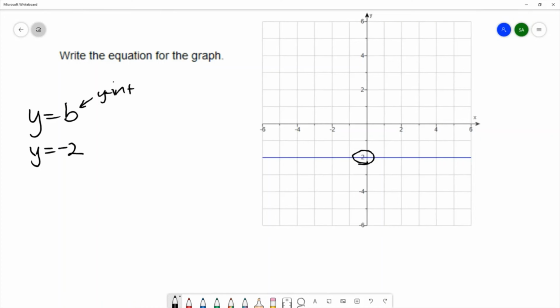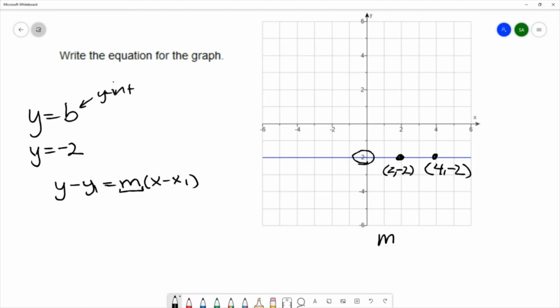You could also go through the process of finding the equation this way. Every linear equation has this formula of y minus y1 equals m times x minus x1. This is called point slope form. You could find the slope of the line by picking 2 points on the line. So let's say we pick this point and this point. That is the ordered pair 4, -2, and the ordered pair 2, -2.